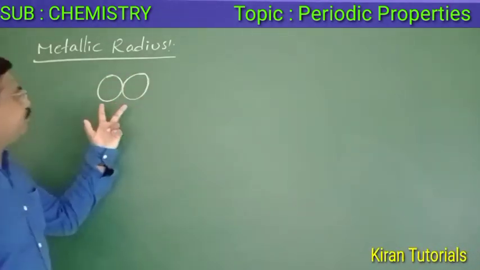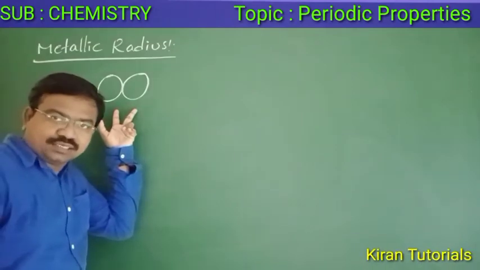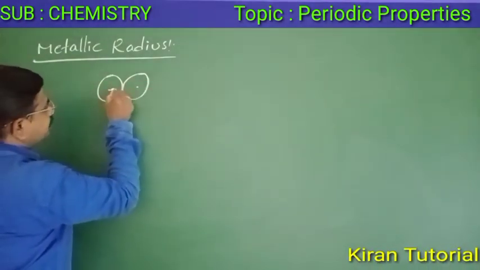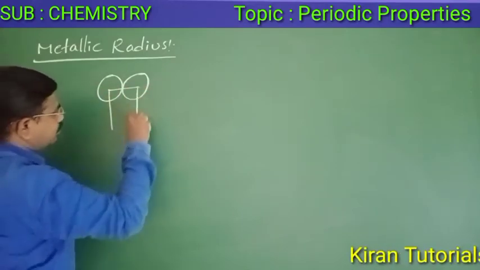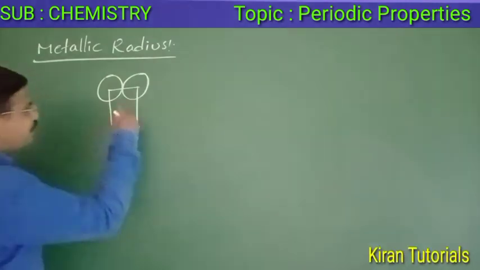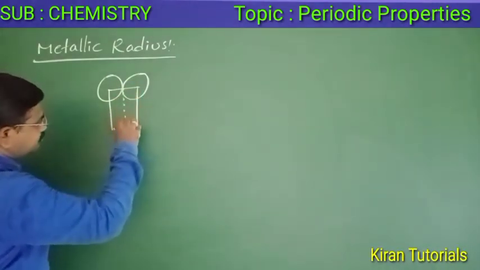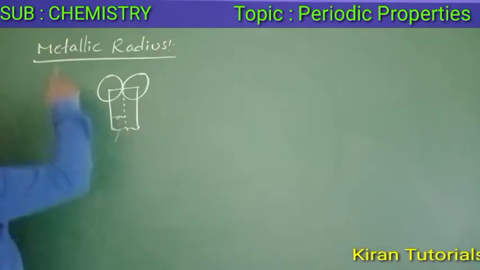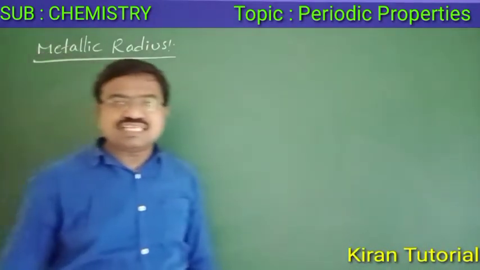These two metals are bonded with a metallic bond. So here nucleus and nucleus, this is the distance, so half of this distance is called metallic radius. So what is metallic radius?